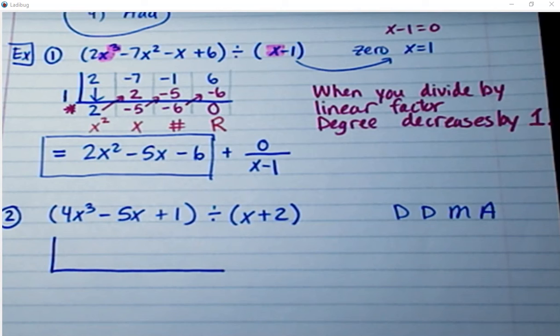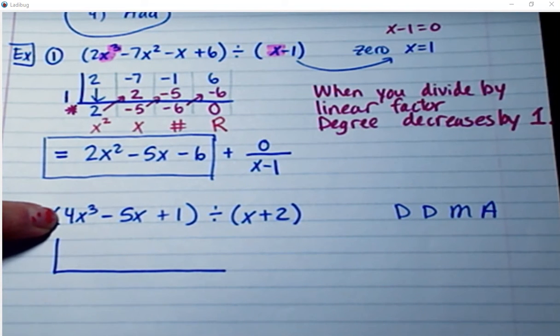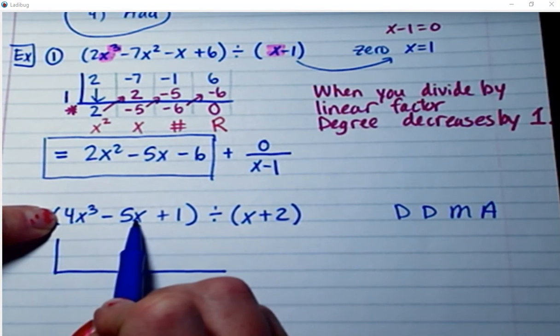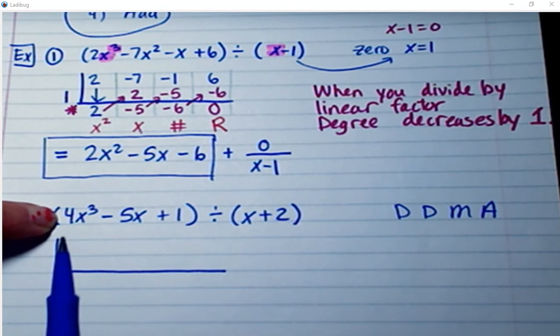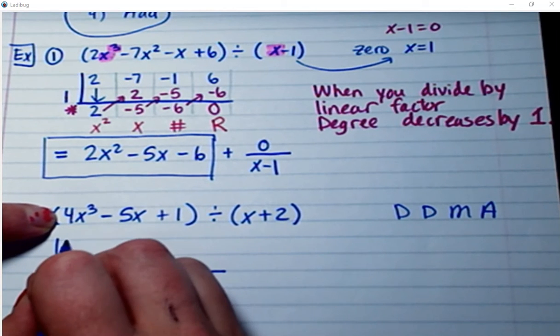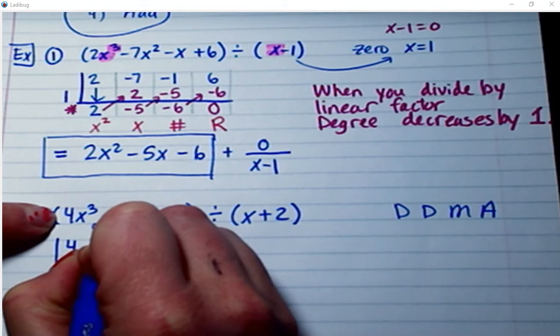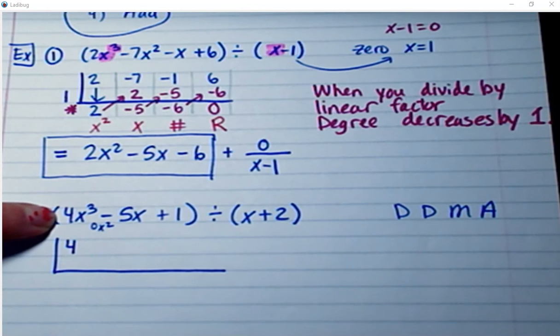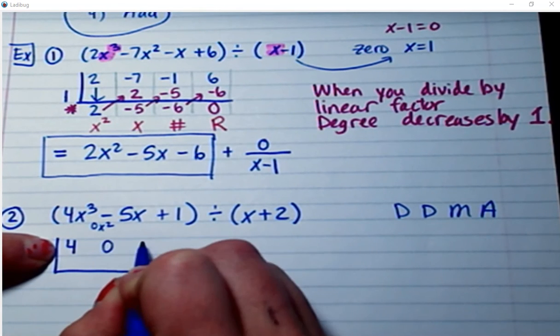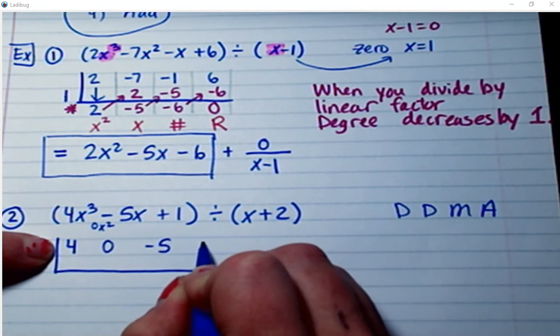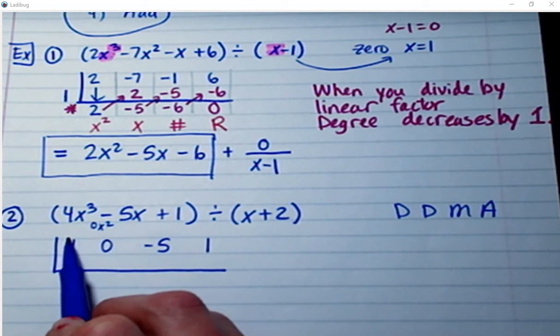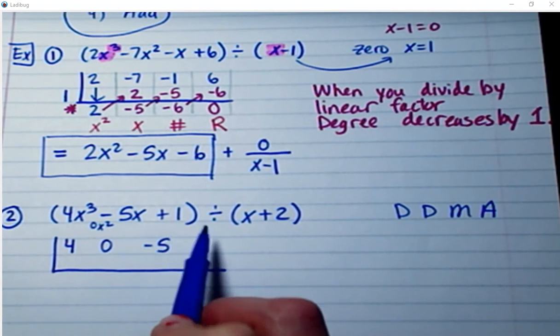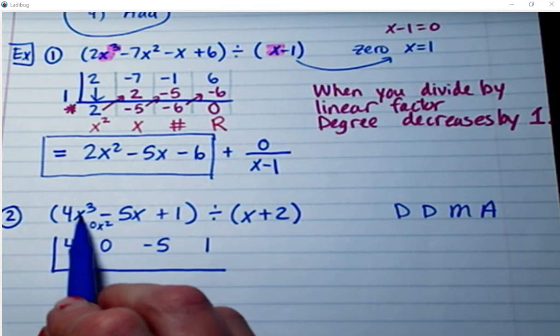All right, so I put my... cubed, single number. Notice how you're missing the square, and so we're going to get 4. We're missing the square. So 4, 0, minus 5, 1. 3, 2, 1, none. I just count the powers down. Wait, so do you need to add 0?